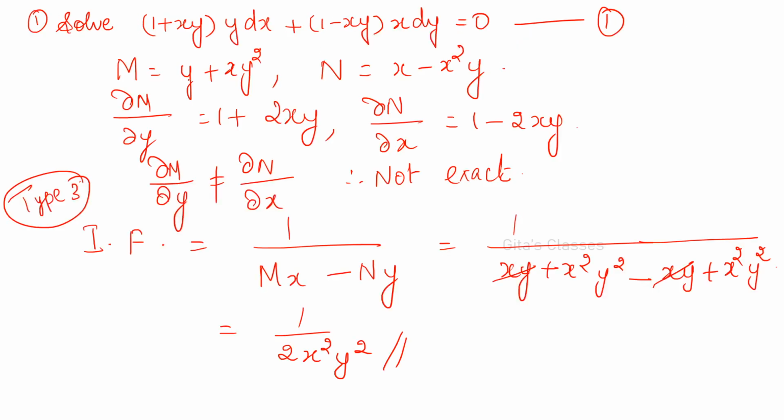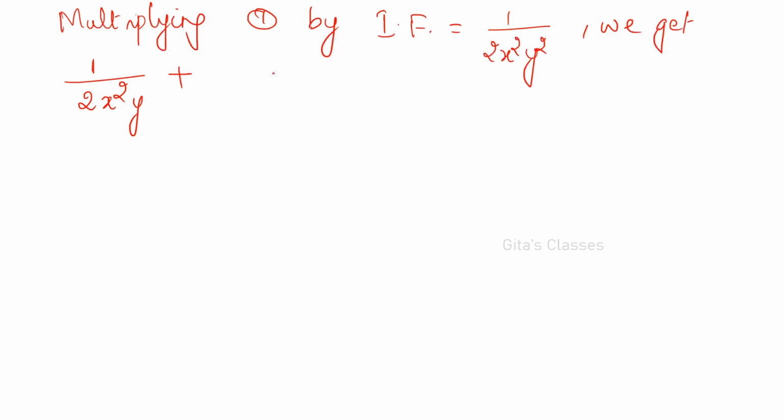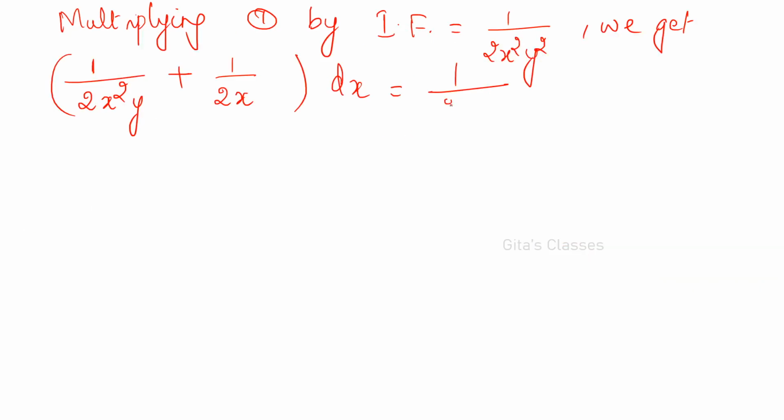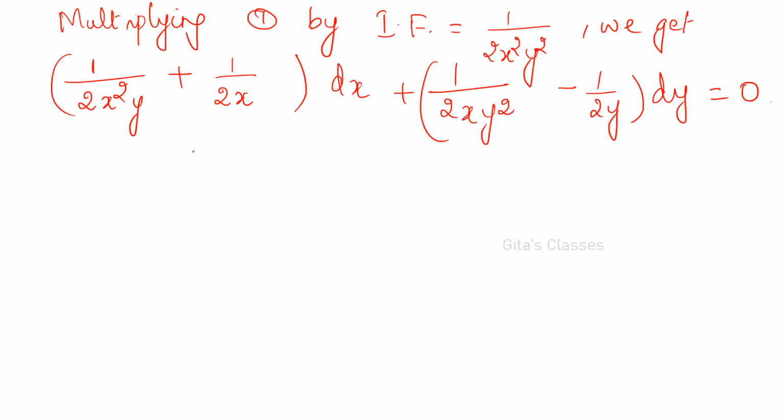What is the next term? The next term is xy squared, so divided by x squared y squared, so 1 by 2x, into dx, is equal to, what is N? x minus x squared, so 1 by 2xy squared minus 1 by 2y into dy is equal to 0, right? Which is an exact equation. After multiplying by the integrating factor, it will become exact.